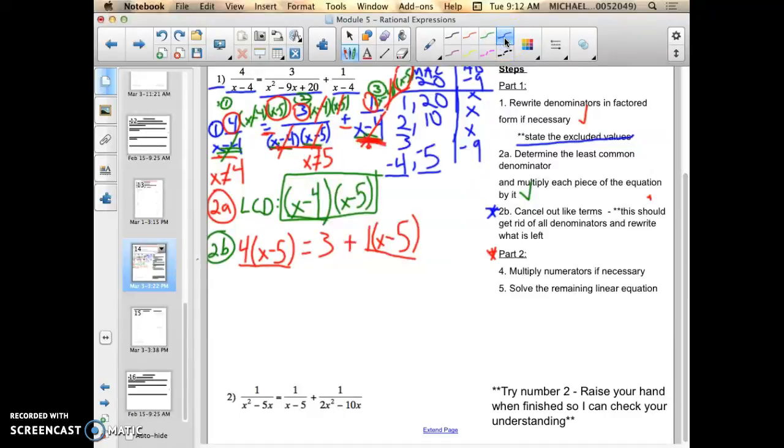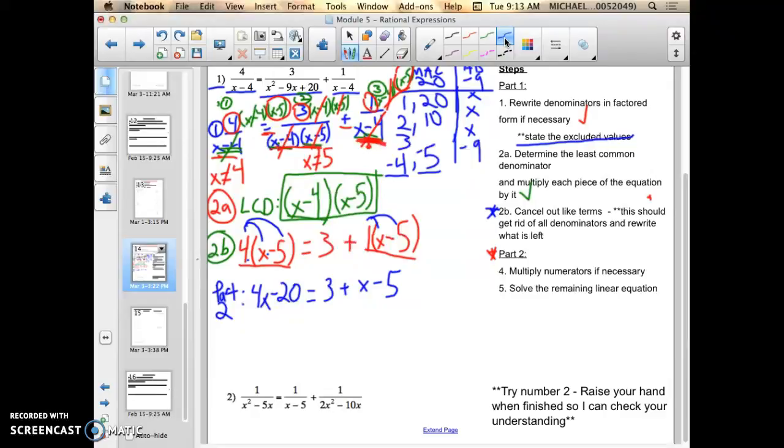But on the left-hand side, this distributes in 4 times x. I'm going to write part 2 down here. So 4 times x is 4x. 4 times negative 5 is negative 20. Equals my 3 plus 1 times x is just x. 1 times negative 5 is a negative 5 or minus 5.